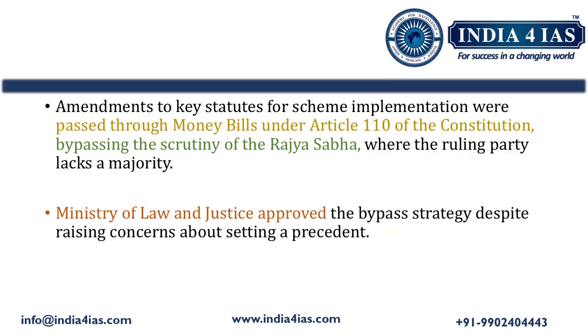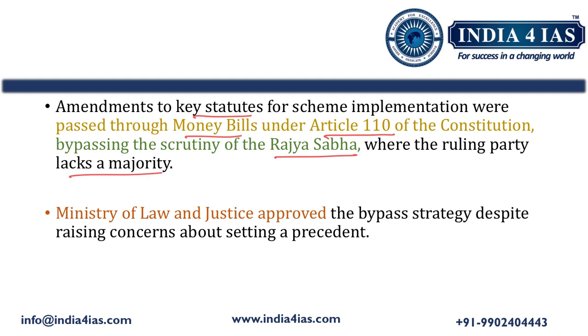One more key contentious issue regarding the electoral bond scheme is that the key statutes, that is Companies Act 2013, Representation of People Act, Foreign Contribution Regulation Act, were amended and implemented through the money bill route, that is under Article 110 of the Constitution. This bypasses the scrutiny of Rajya Sabha, where the ruling party, that is BJP, lacks a majority.